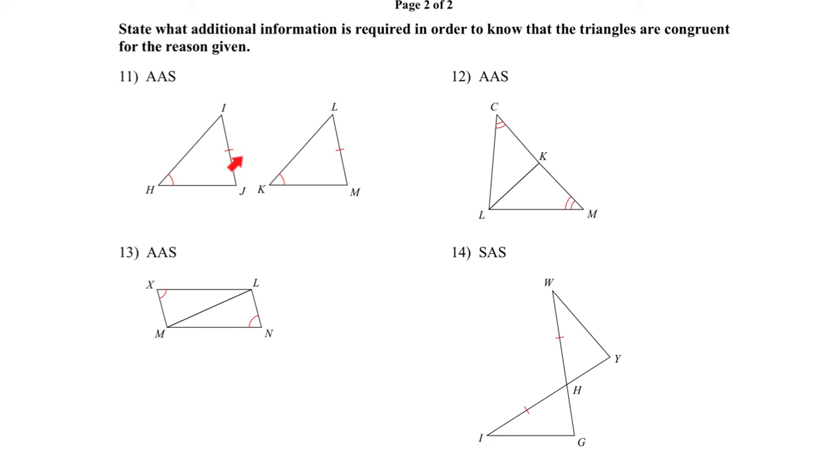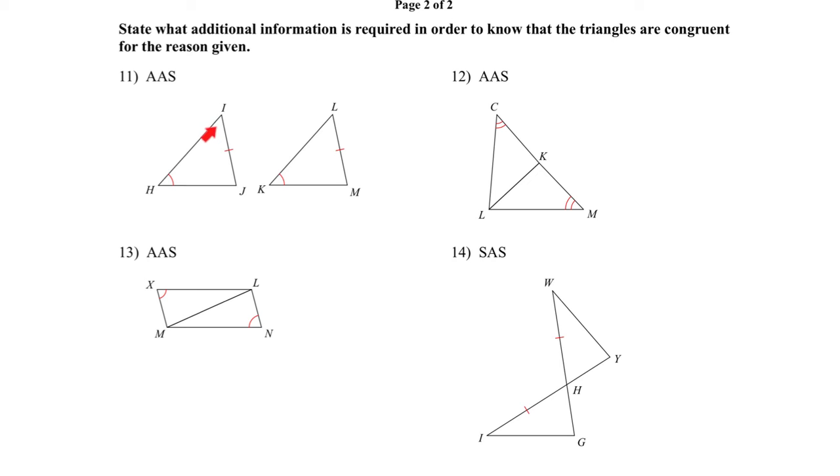So if this is the side, I can mark an angle right here on both triangles, and then I would have angle, angle, side. So this means that angle J would have to be congruent to angle M for this to be true. Notice that that's not the only answer.